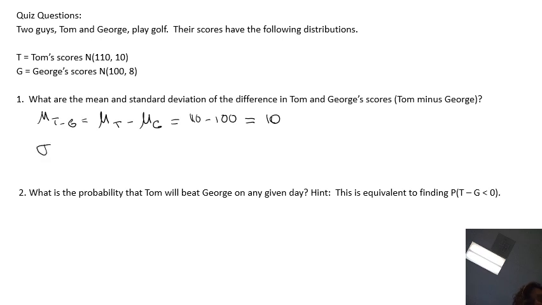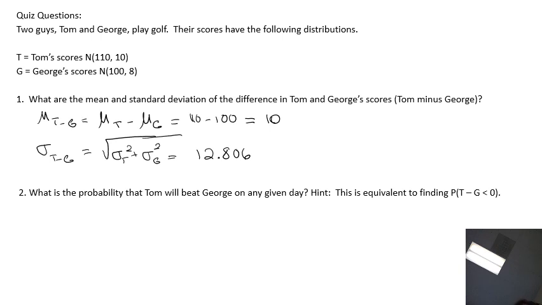The standard deviation of Tom minus George is going to be the exact same as the standard deviation of Tom plus George. It's the standard deviation of Tom squared plus the standard deviation of George squared. So that's 12.806.